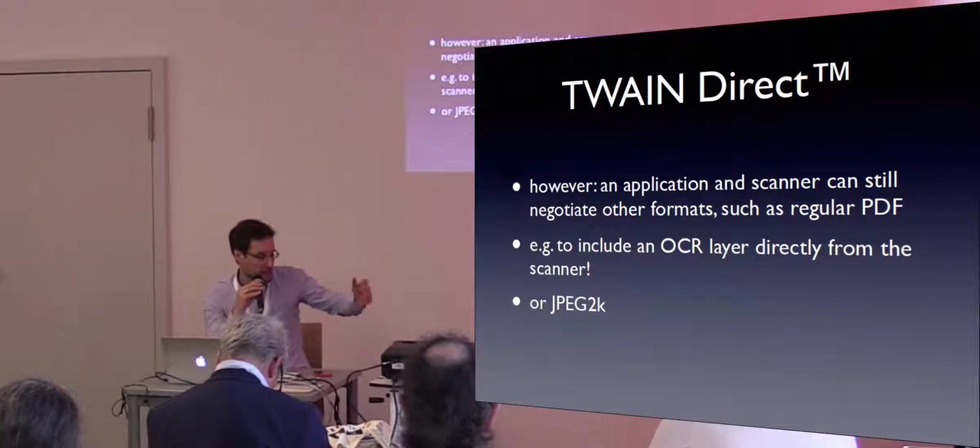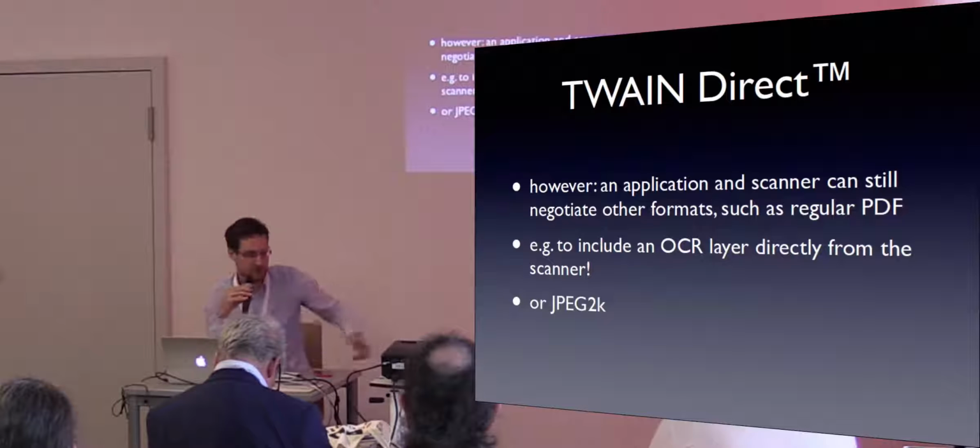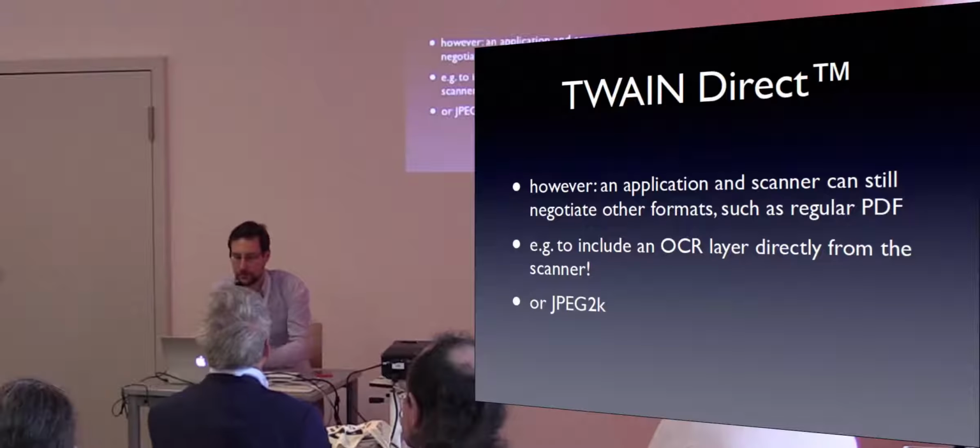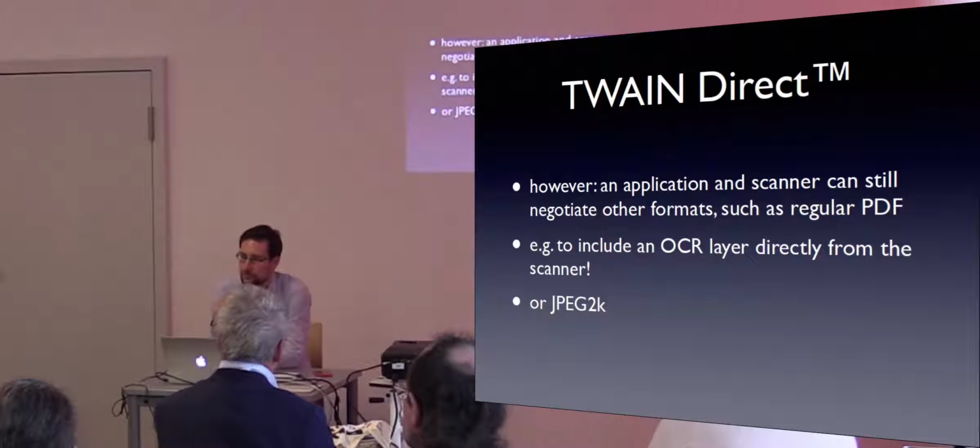If the scanner can also 3D print plastic or so, theoretically you could negotiate anything you want. So even endorser, imprinter, anything. Even TIFF, JPEG, even Google WebP or any other fancy format they want to support, yes, you could negotiate whatever you want.